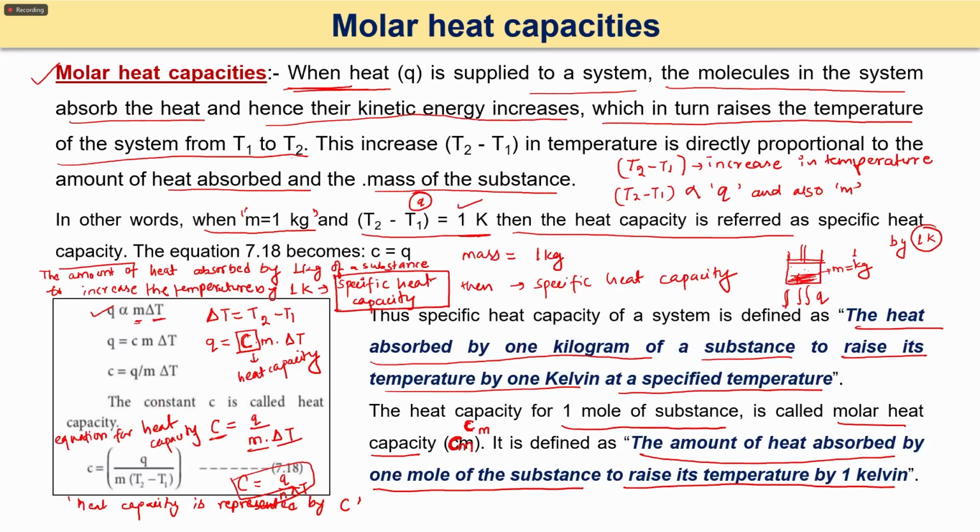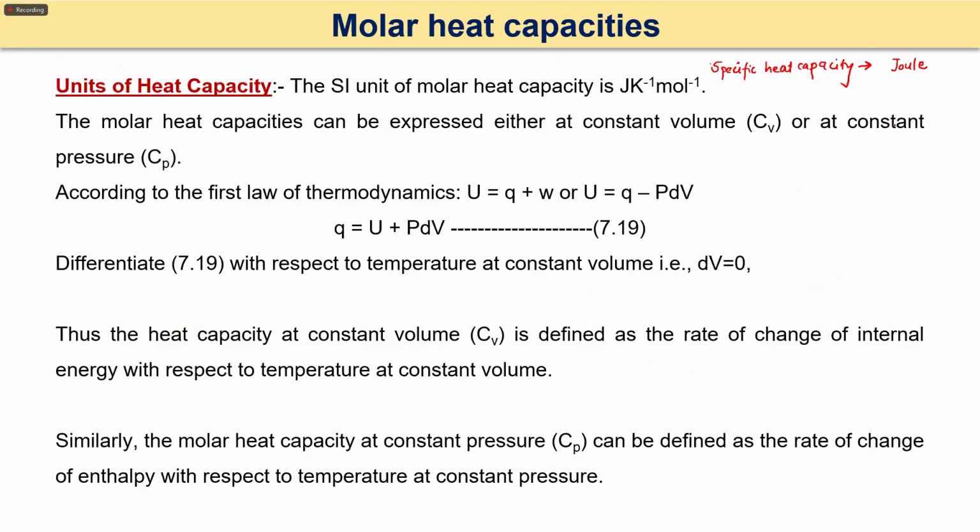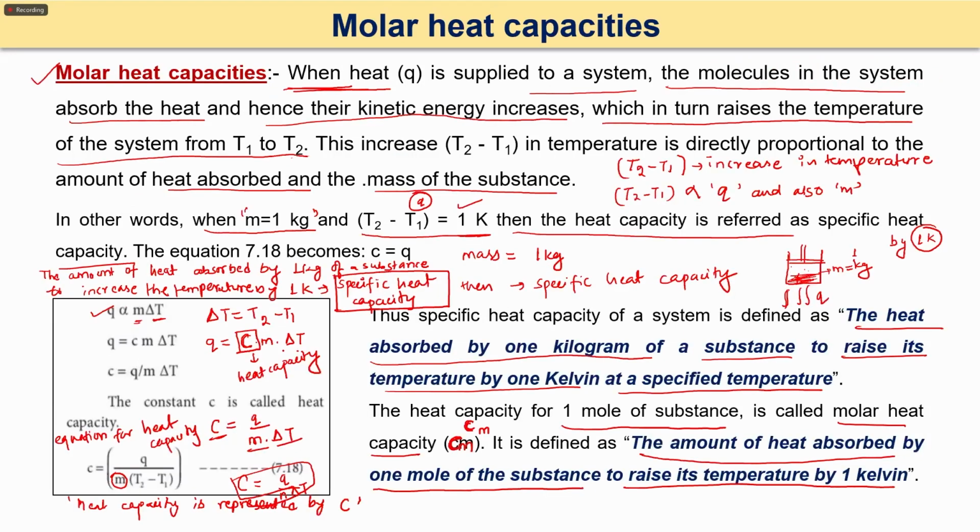Then we have M. M in this case is mass. In case of specific heat capacity, it is mass, and the SI unit of mass is kg. So we will write kg over here. Next, we have the temperature difference, delta T, and the SI unit of temperature is Kelvin.